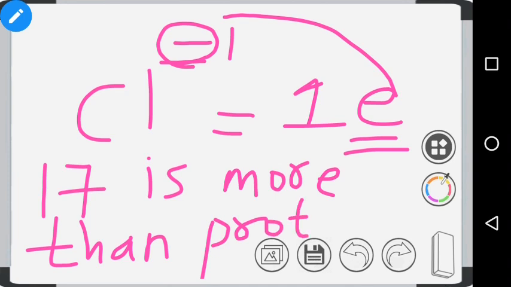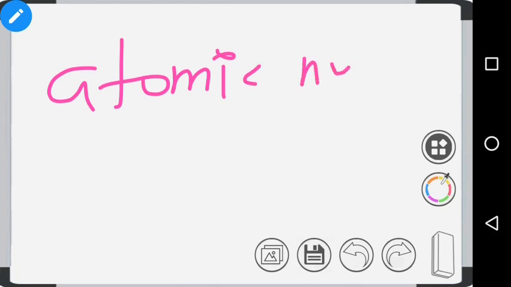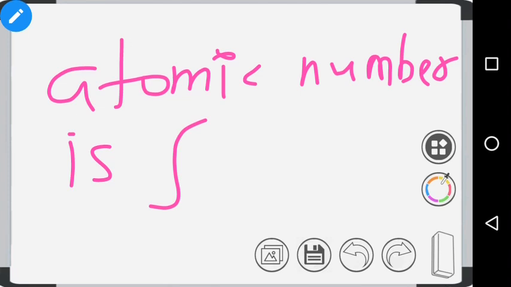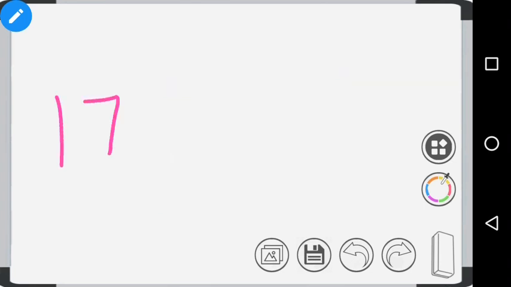Okay? I again told you, the atomic number we cannot change. It is fixed. For an atom, the atomic number is fixed. So we get chlorine 17, and this chlorine will have -1.